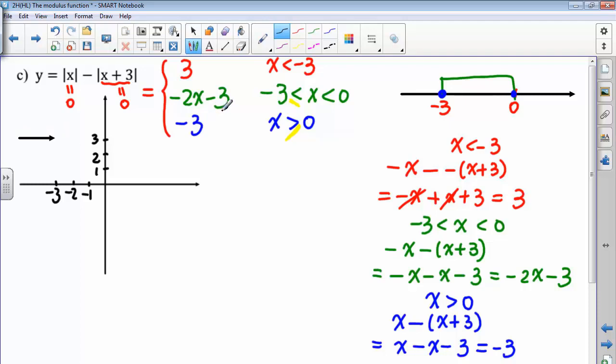Then the next part is between -3 and 0. The graph is -2x minus 3. This is a linear function. If I scale the negative y-axis here, it's -1, -2, -3. The y-intercept is -3 and the slope is -2.